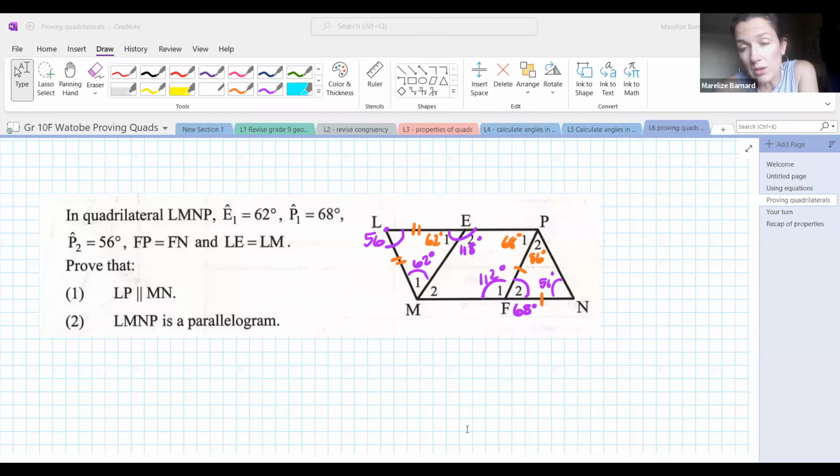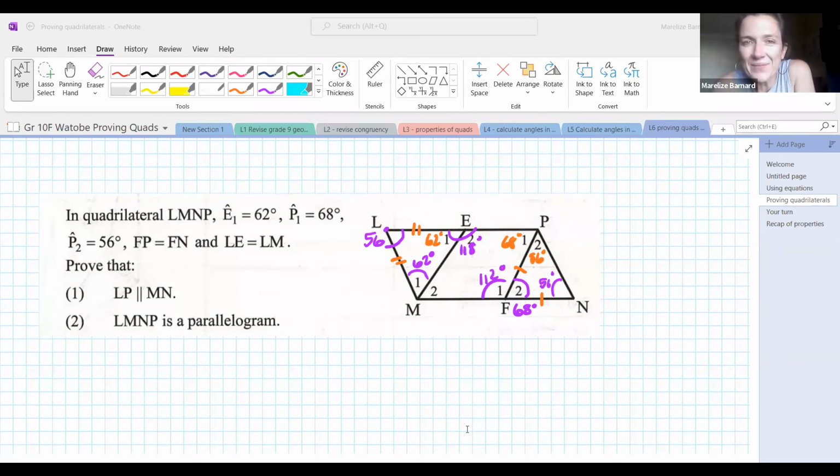P1 and M2 are within that quadrilateral LPFM, but no, they won't be equal for those reasons. So P1 is 68 because it was given.